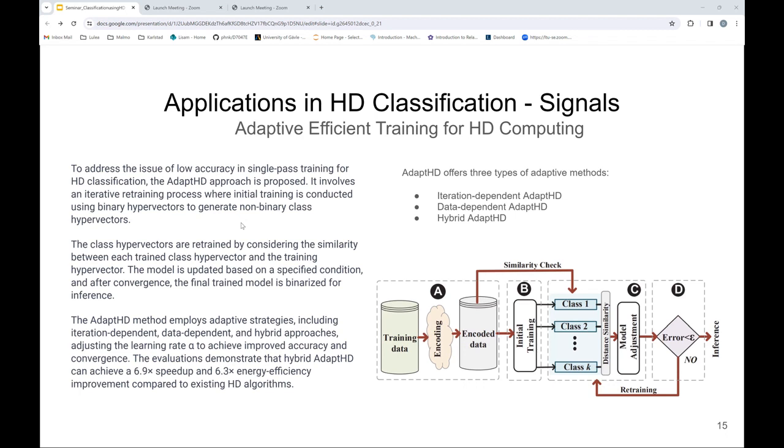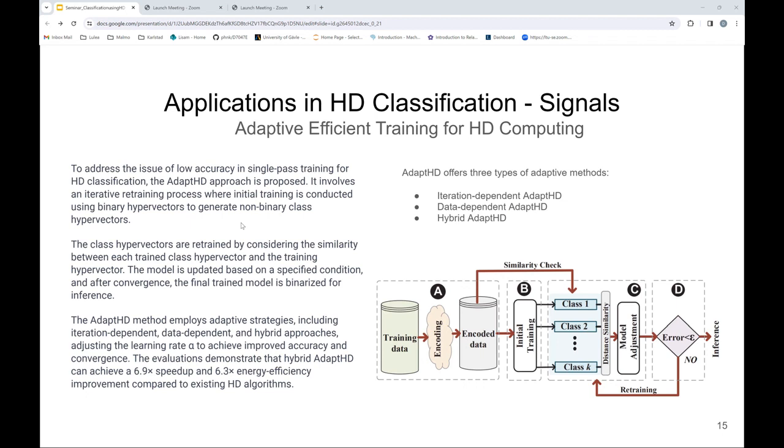The AdaptHD method involves a binary iterative retraining process where initial training is conducted using binary hypervectors to generate a non-binary class hypervector. The class hypervectors are retrained by considering the similarity between each trained class and the training hypervector.